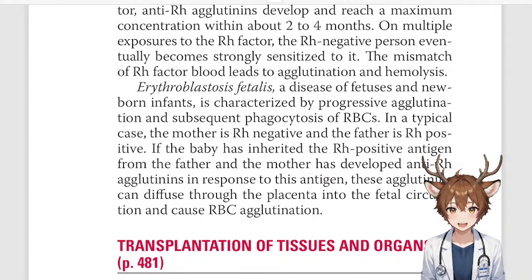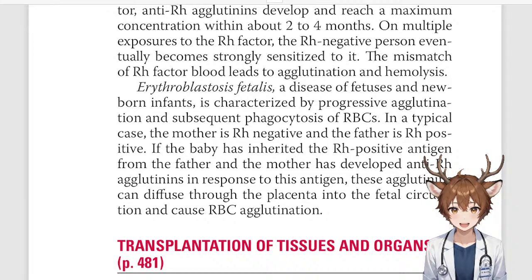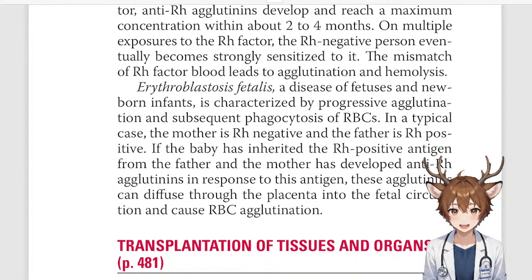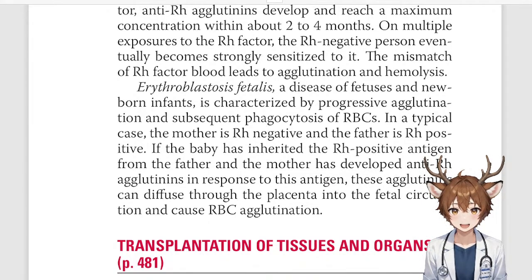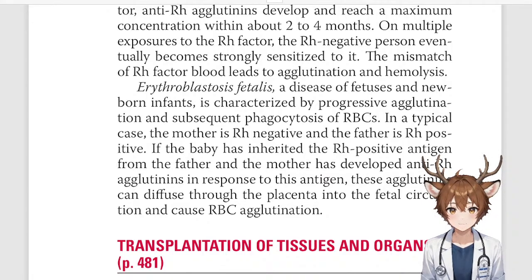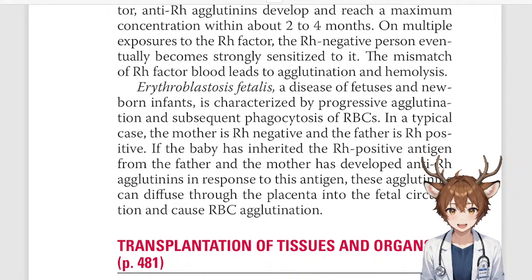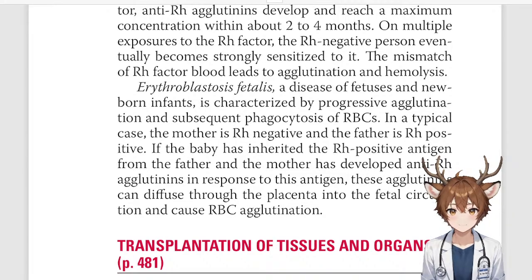Because really you were exposed to it long before, and that's why you have a negative reaction to it when you actually take a transfusion of, let's say, A blood and you're type B. But with RH factor, typically it's not common enough for you to actually be previously exposed to it unless you were, for example, a pregnant mother and your child had RH factor or something like that. Typically you would not be exposed to it, and so you wouldn't necessarily have a strong reaction to it initially because you haven't been exposed to it before, but you would eventually be sensitized to it if exposed enough.